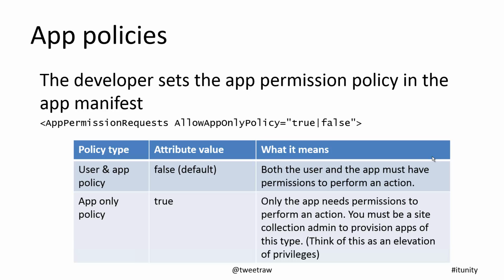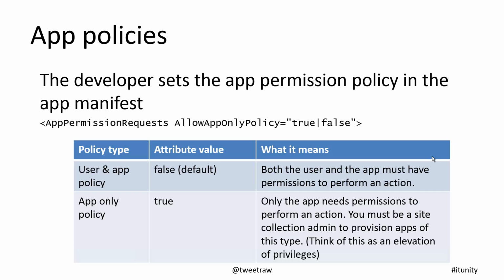Now Paul comes into this website as a user, and he tries to launch this application. Maybe he clicks on that particular icon from some link that's been made available. When Paul launches this, what if Paul does not have access to a list in the host web that the application needs?